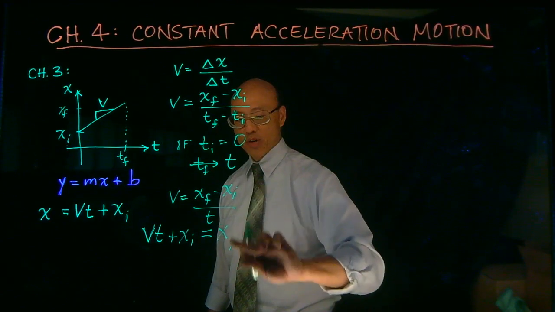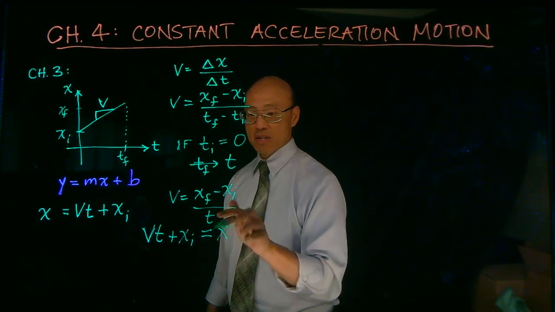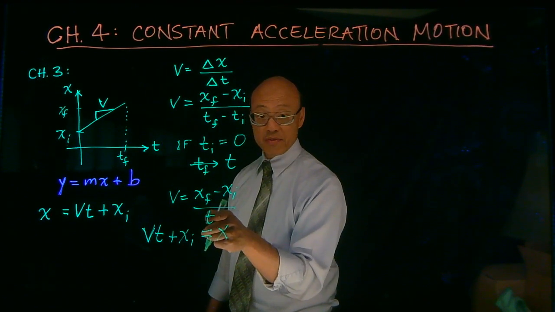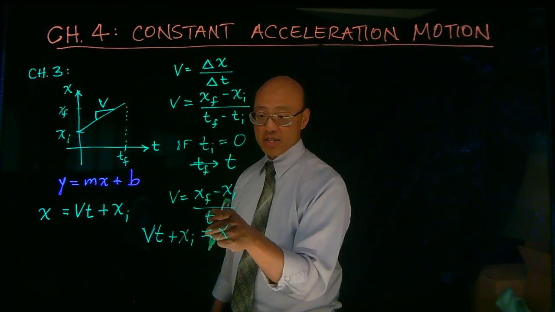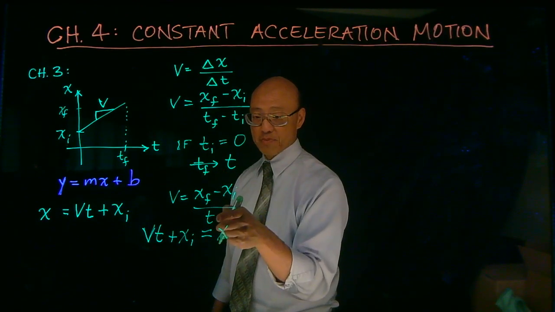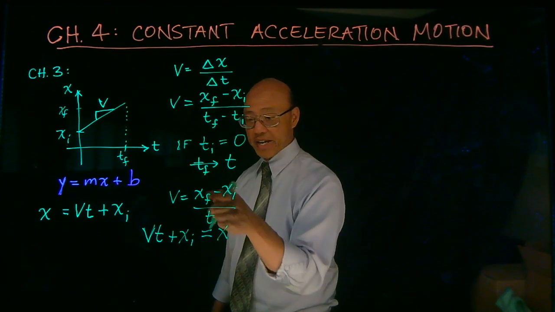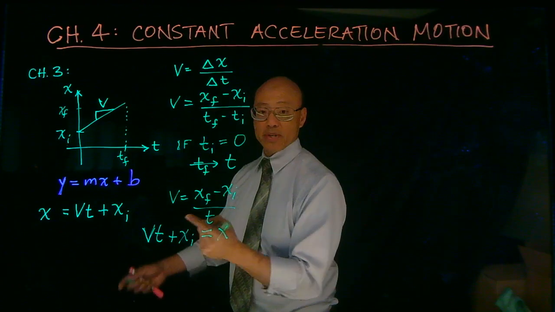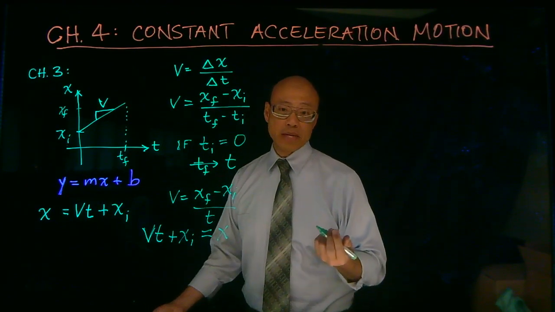Since I'm trying to find out at any time t, whatever this t value is corresponds to this position, right? So that t final, if this is my tf, corresponds to xf. So now you can get the same equation different ways, basically.